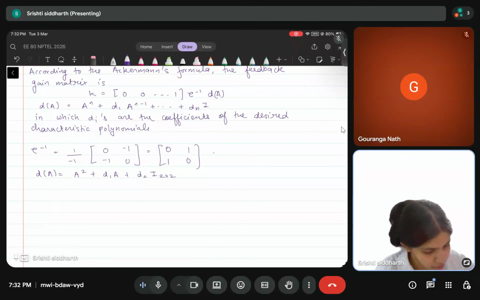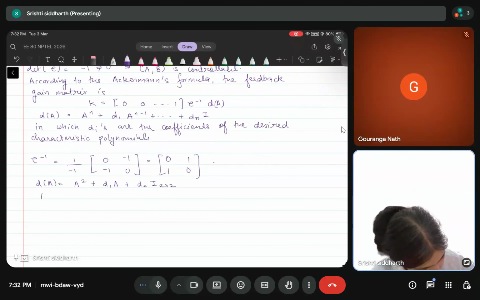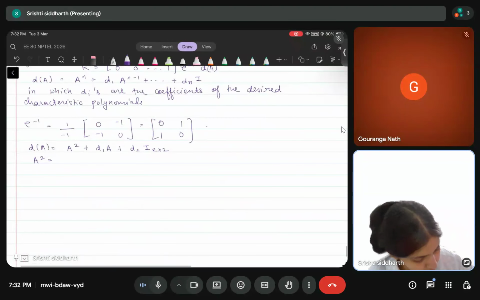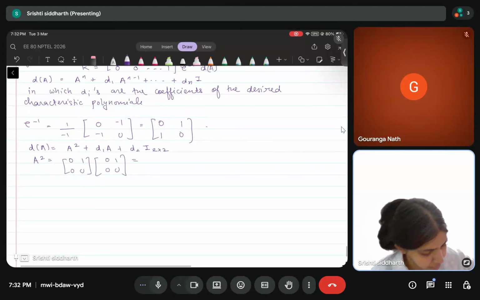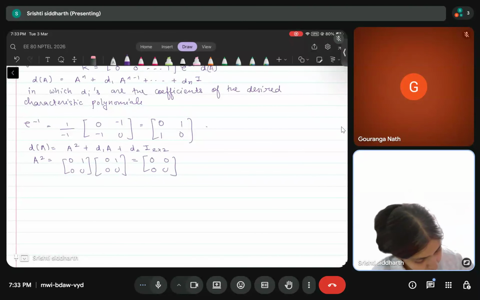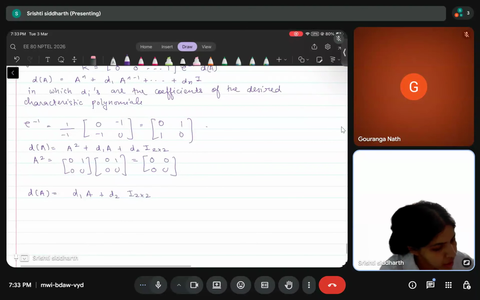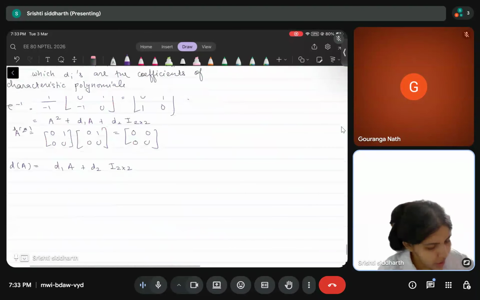Let's compute A squared, which is 0, 1, 0, 0 squared. Then d1 A plus d2 times the identity matrix. d1 and d2 are 8 and 32.